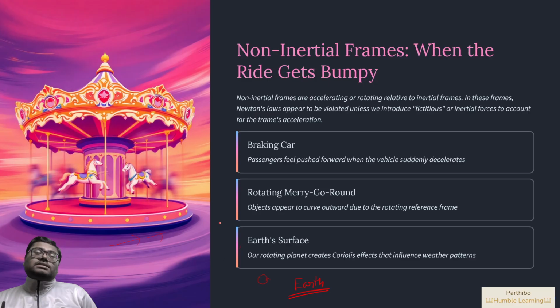The rotation of the cyclone is different in the two hemispheres. That actually happens due to the earth's rotation and the effect of the fictitious force. The Coriolis effect is responsible for the rotation of cyclones on earth, with two different types of rotation happening in the southern and northern hemispheres.